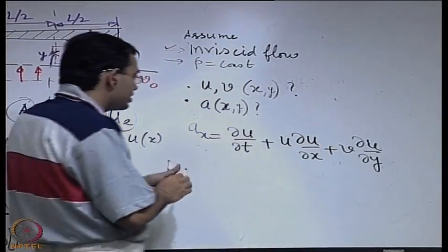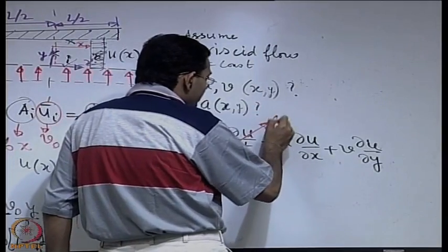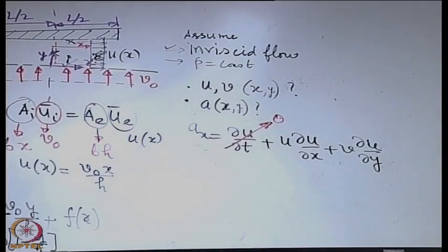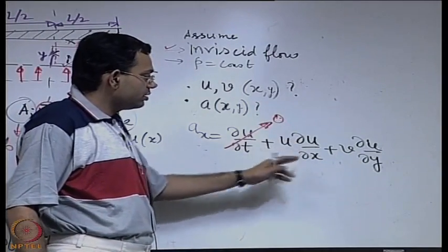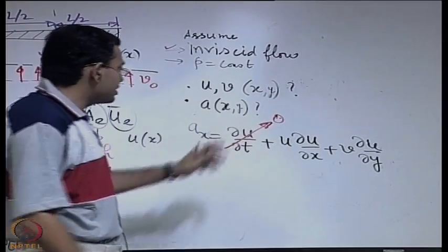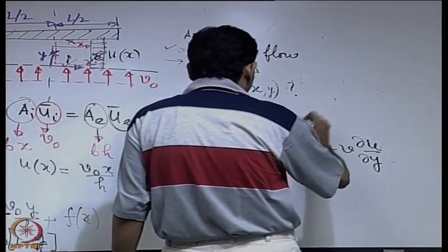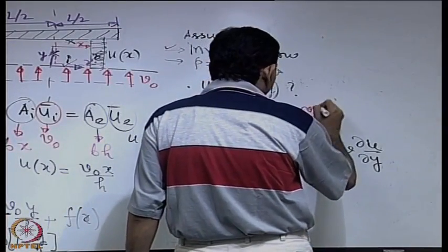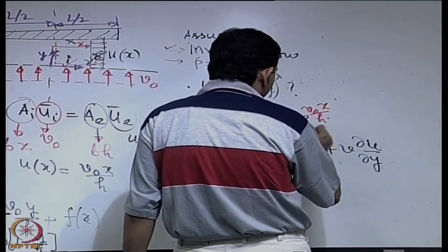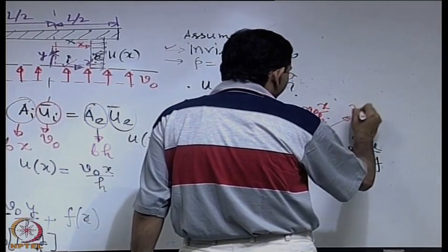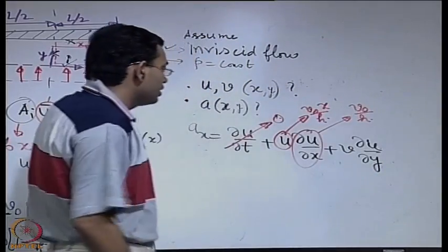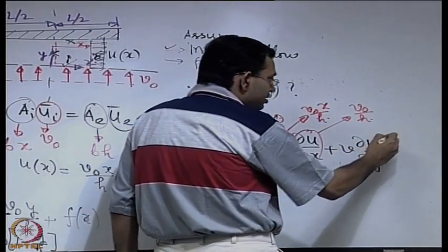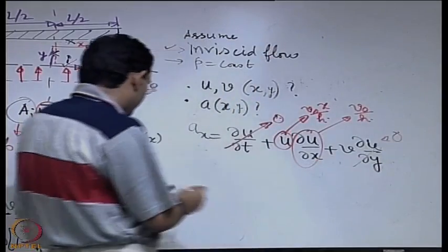First of all, u is not a function of time, so this is 0. Then you can just substitute what u is here, v0 x by h, and so this will become v0 by h. The other term will be 0 because u does not vary with y.